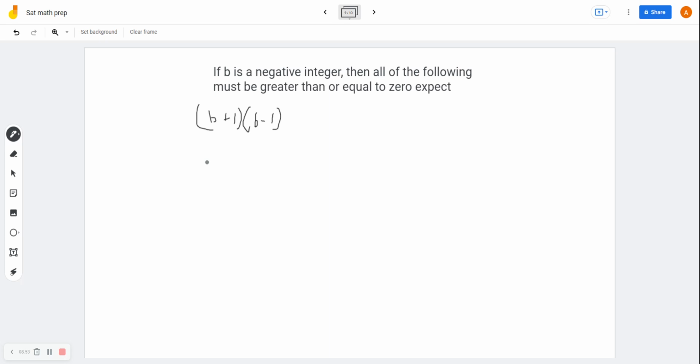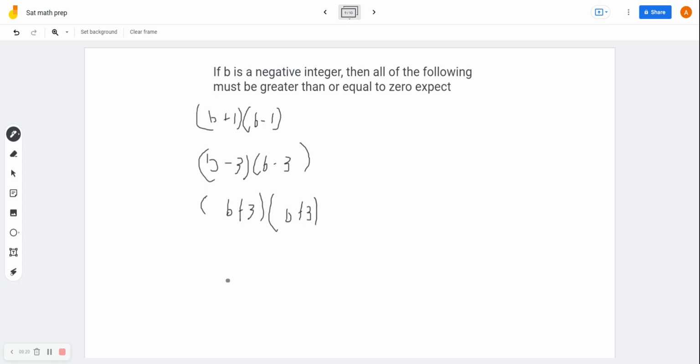And then another one would be B minus 3, and then you have B minus 3 again. And then for C, it would be B plus 3, and you would have B plus 3 again.